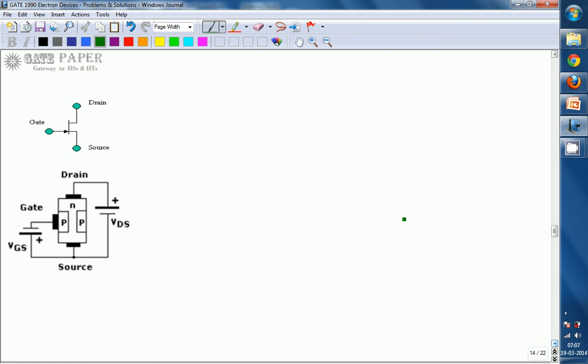So now we know that FET has two different types of characteristics. Characteristics of FET: FET characteristics are of two types. One is drain or output characteristics.